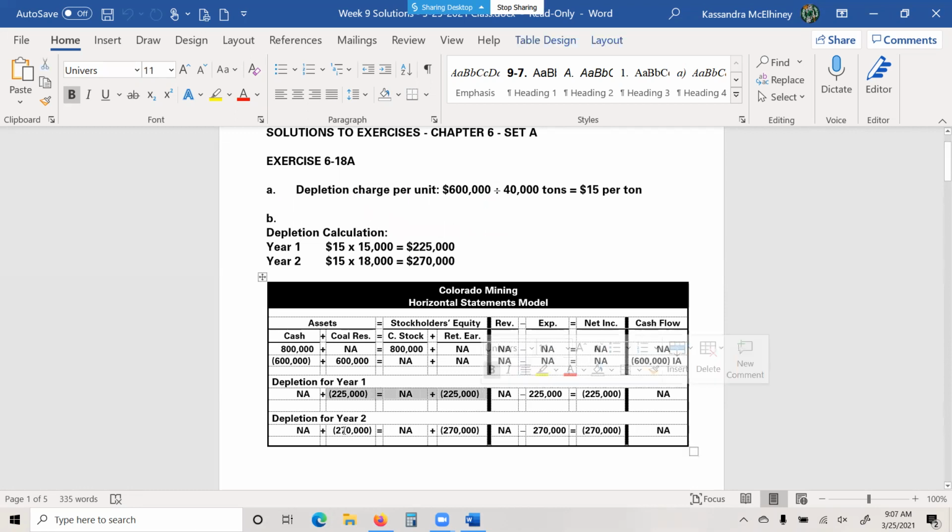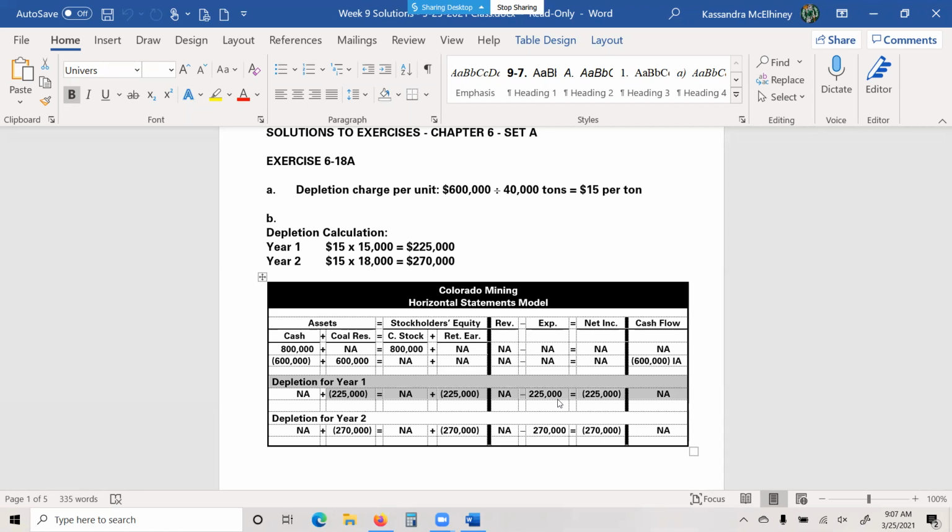Would be recorded as such here in the horizontal statements model. There would be no effect on cash, a decrease of $225,000 to the coal reserves account, and an increase in expenses, which of course in turn decreases retained earnings. Depletion expense would be the name of the account.